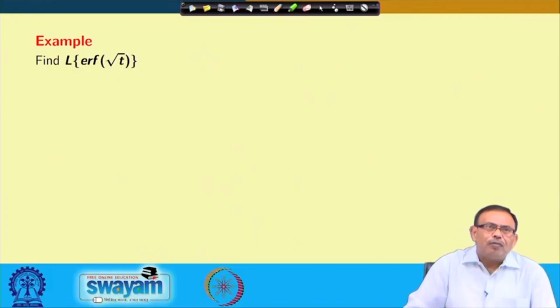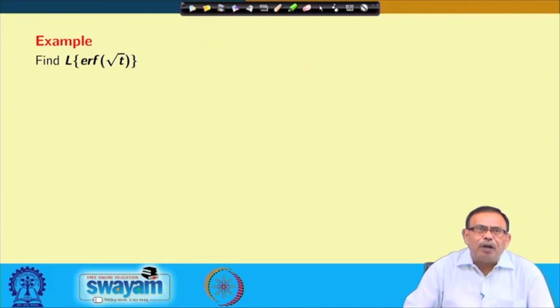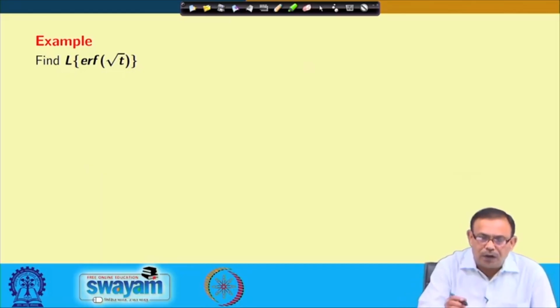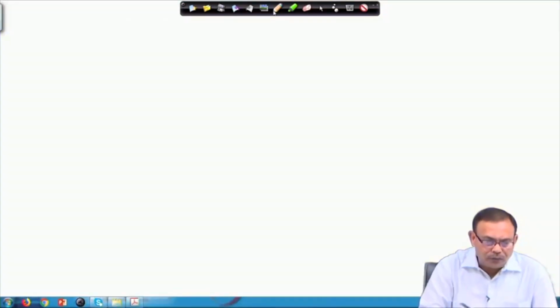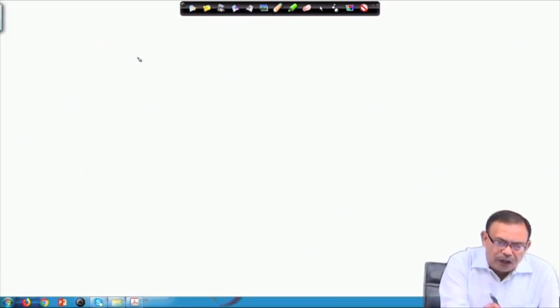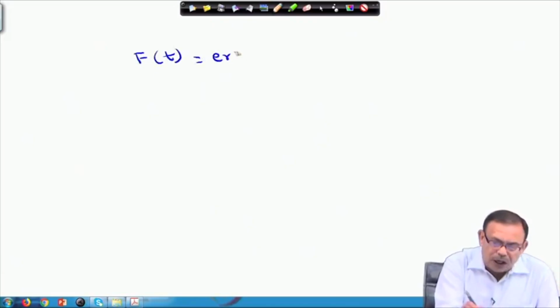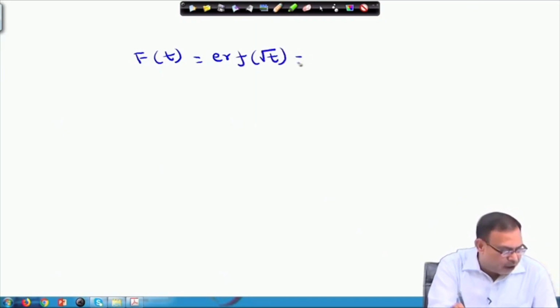Now, let us see what would be the Laplace transform of the error function of root t. Your f t is equal to ERF of root t. And what is ERF of root t?